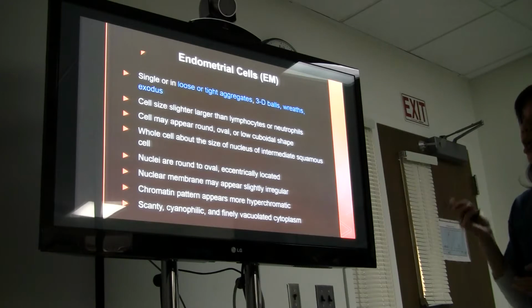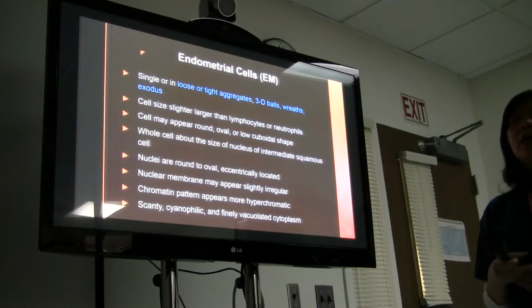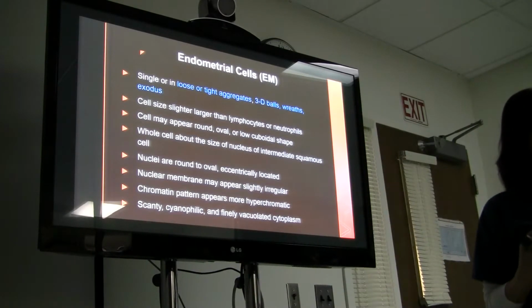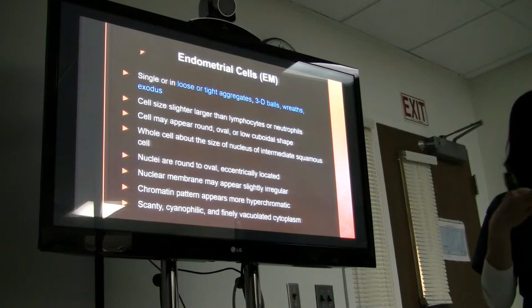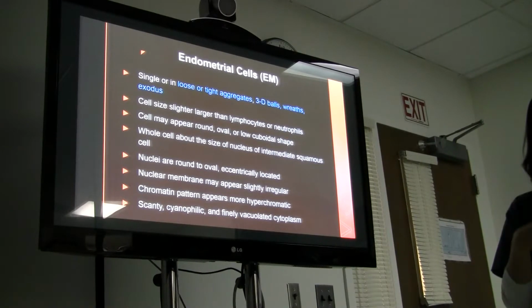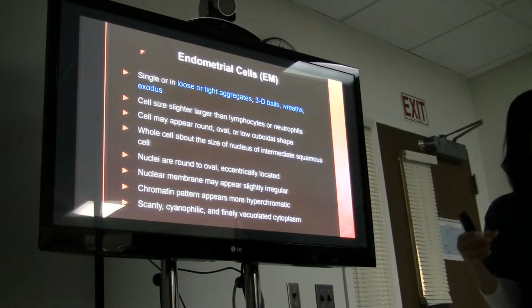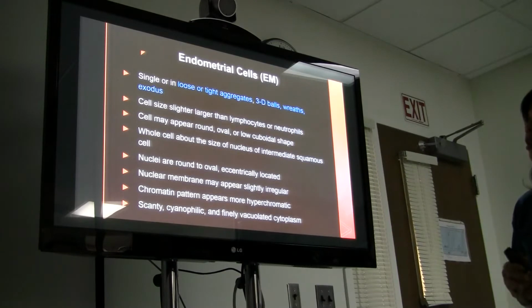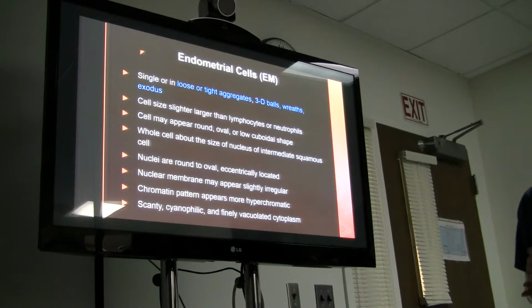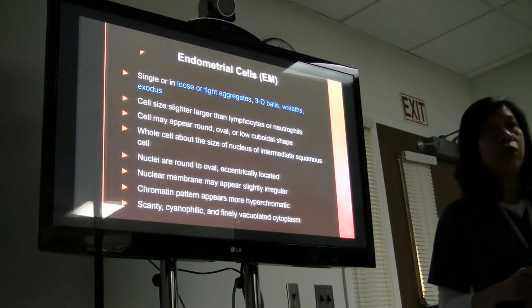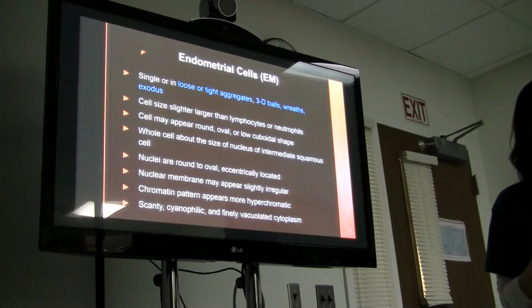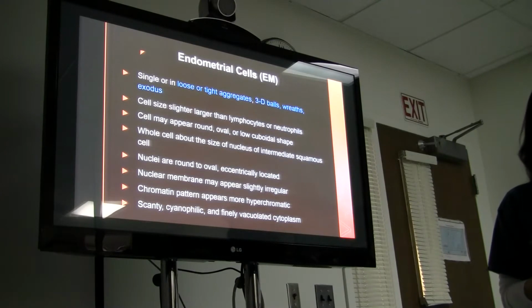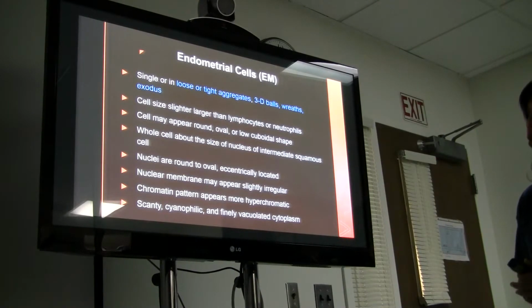However, the endometrial cells naturally exfoliate from the body every month during the menstrual period, okay? Remember the menstrual period? The endometrium exfoliates with the blood and then gets out of the body. So that is the time that you would expect to see endometrial cells naturally exfoliated from the body, during the early menstrual period, usually the first 5 days, from day 1 to day 5.